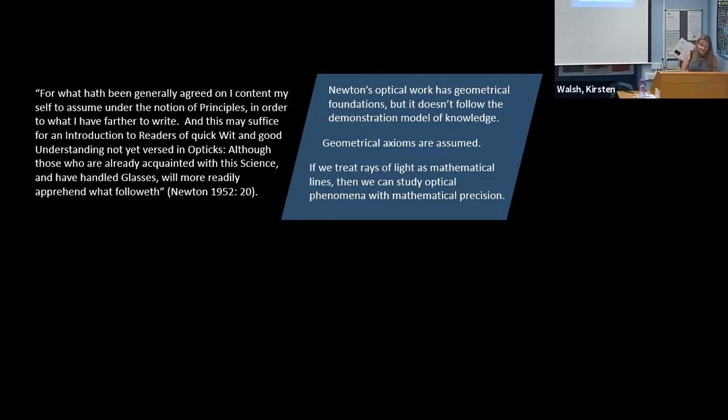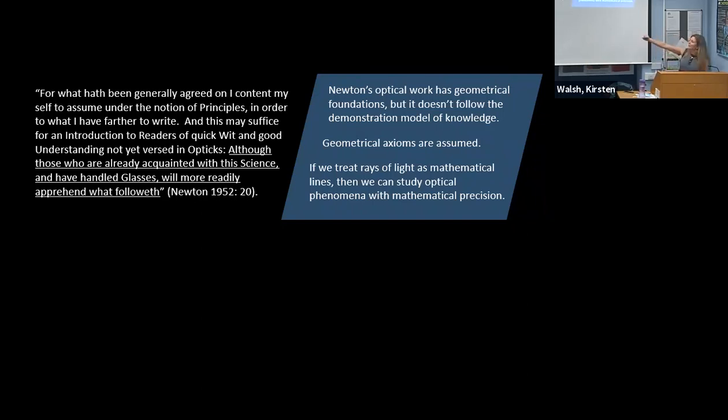And he says, "And these may suffice for an introduction to readers of quick wit and good understanding, not yet versed in optics, although those who are already acquainted with this science and have handled glasses will more readily apprehend what followeth." So again, what's really important to Newton here is not the axioms themselves. Sure, if you haven't done geometrical optics before, you definitely need to learn his axioms in order to do this.